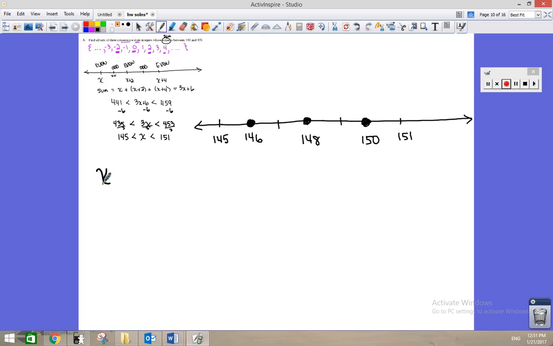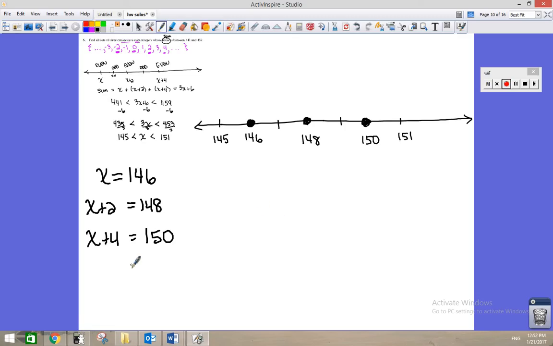So if x is equal to 146 as one possibility, I come up here, then x plus 2 is 148, and x plus 4 is 150. So that's one triple, and it's not a pair of answers. That's one set of 3 answers. If you add up these 3 values, it'll be between 441 and 459.